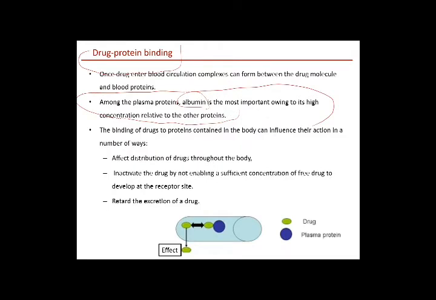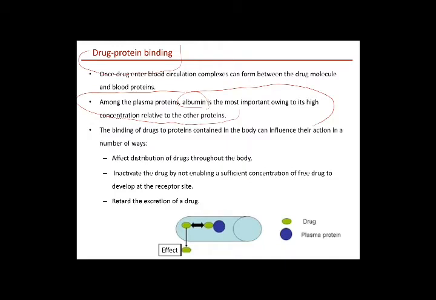You know that our blood contains many proteins, and albumin is the most important or most abundant protein in our blood.